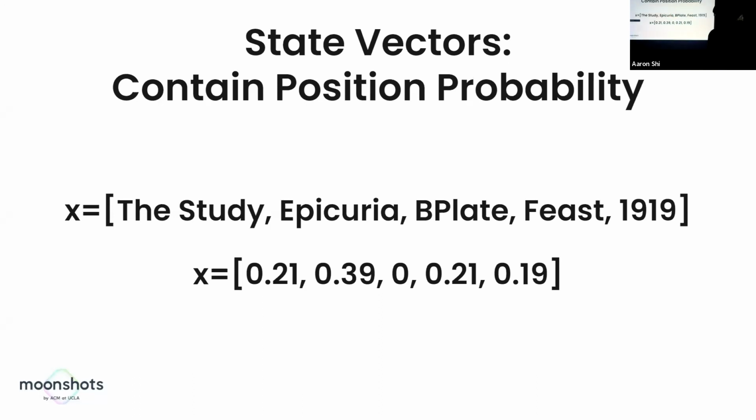So if, for example, we treat a UCLA freshman as X, this would be a corresponding state vector showing at any one point what the probabilities are that they'd be at any specific dining hall. So 21% chance at Study, 39% at Periphery, 0 at Bruin Plate, of course, 21% at Feast, and 19% at Cafe 1919. And so it's basically a way for us to store all that state and represent it in a vector.